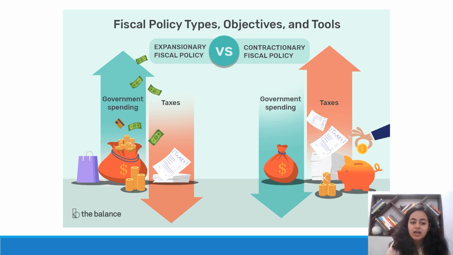They can be taken up together or individually. Similarly, when we are talking about contractionary fiscal policy, we are talking about reducing the government spending or increasing the taxes. By both these things, we are leaving lesser money in the hands of people.